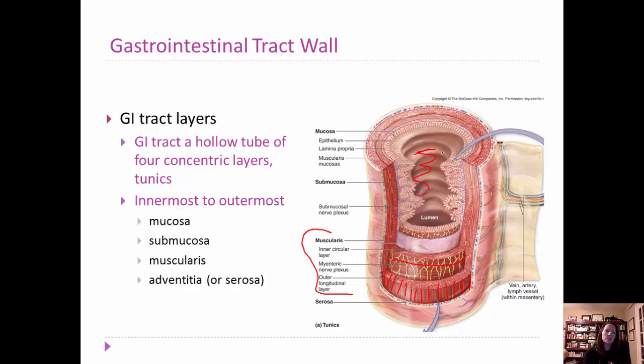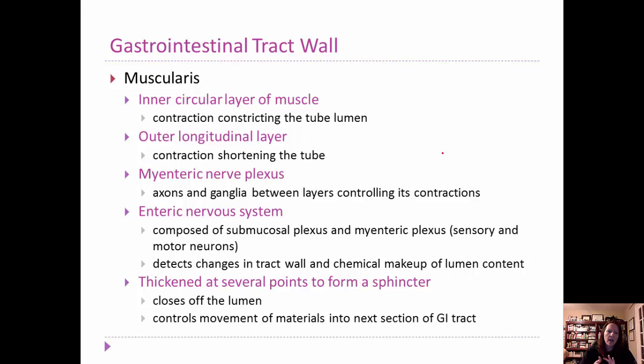We are going to get to the stomach, and we're going to see how the stomach actually has 3 layers of muscle tissue in the muscularis layer. It has an oblique layer, and it allows the stomach to churn and mix in the ways that it needs to. Now, we looked at that myenteric nerve plexus on the picture.